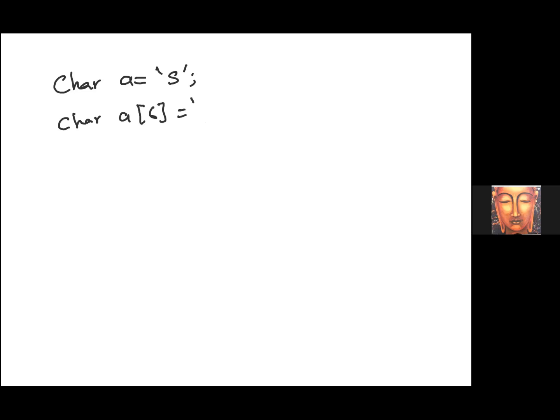Let's say, for example, since it is a string, it should be written in double quotation marks. So let's say "sonam". In this case, for the memory allocated, let's say 101 is the memory address of this variable. Let us assume that s is allocated at 101.